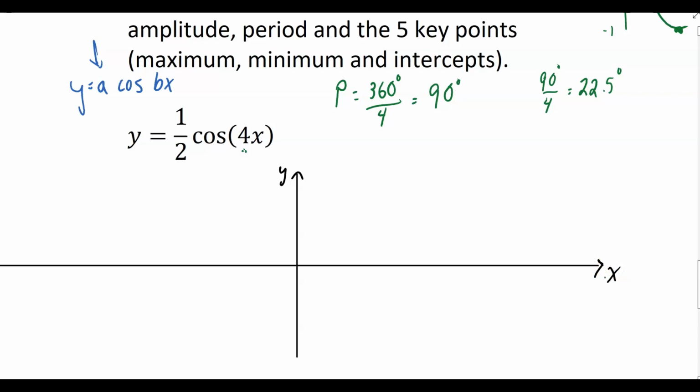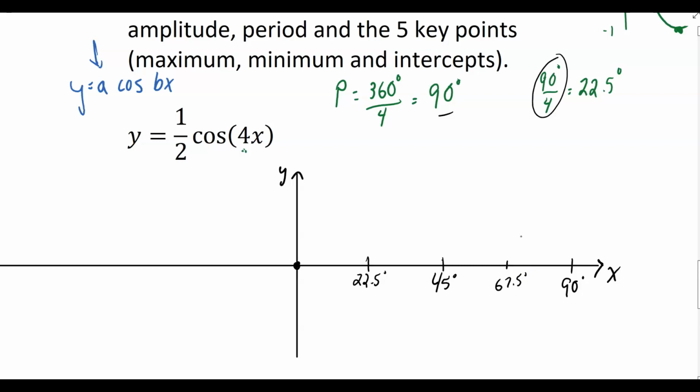We know the period is 90, so I've got to go to at least 90 here. Here is where I take my 90, divide by 4. I'm going to do my 4 quadrants between 0 and 90. So halfway, that's 45, and halfway, 22.5, and halfway there is 67.5.